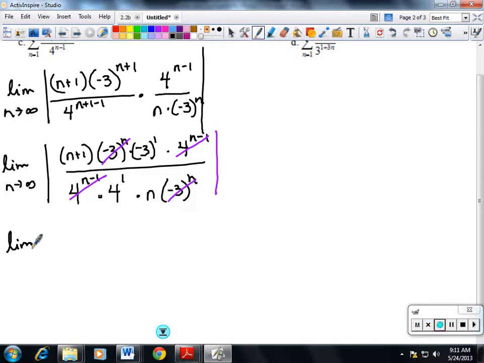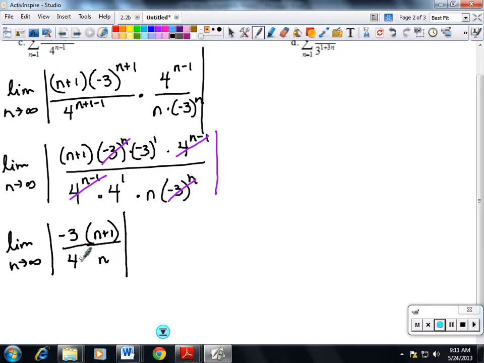So that's the limit as n goes to infinity. I'm going to pull my whole numbers to the front, and that's negative 3 fourths times n plus 1 over n. Well, the limit as n goes to infinity, I'm looking at my degrees again.